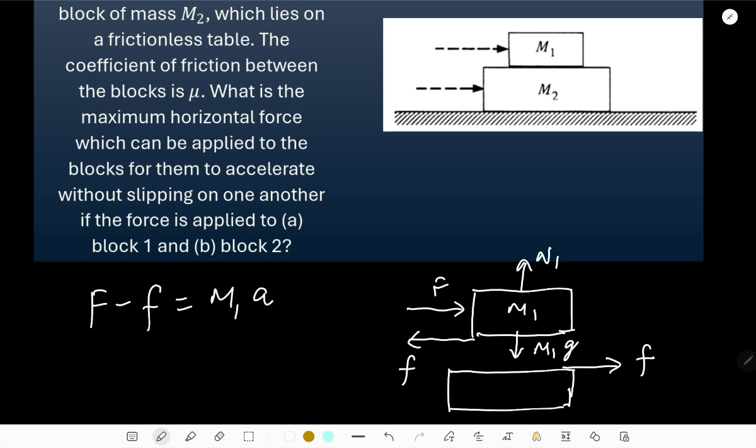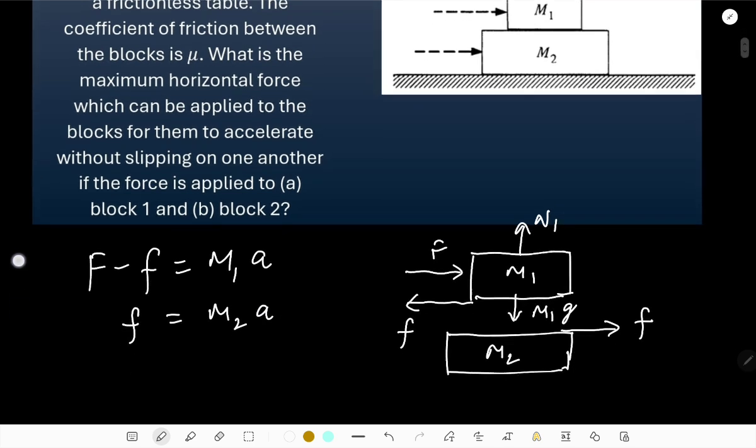And what about m2? I can write the equation of motion of m2 as f, the friction force, equal to m2 into a. Both blocks are moving together right now.